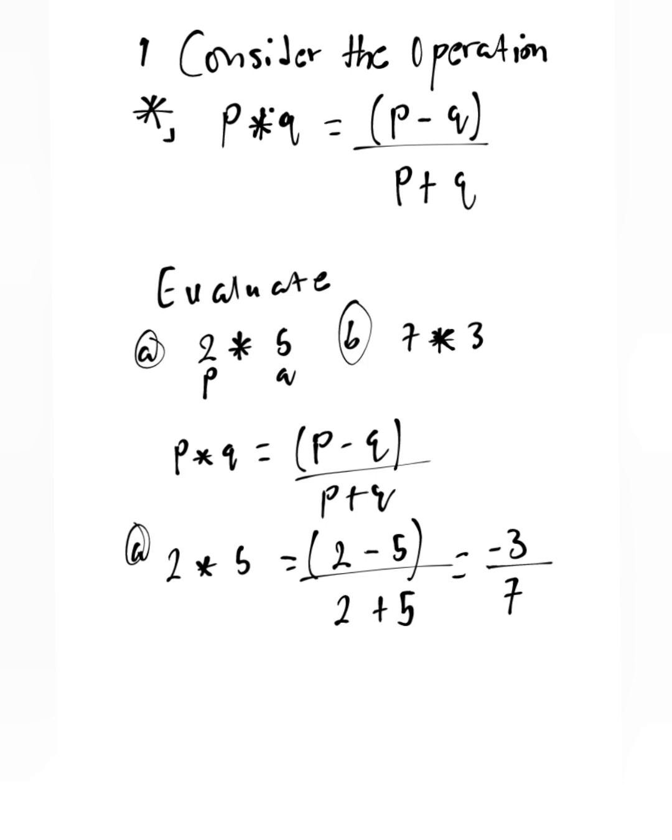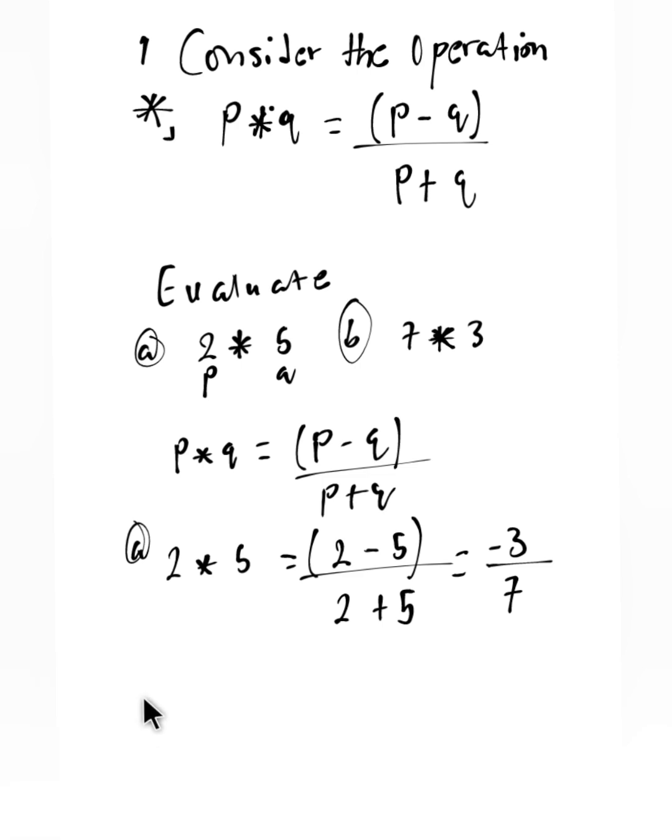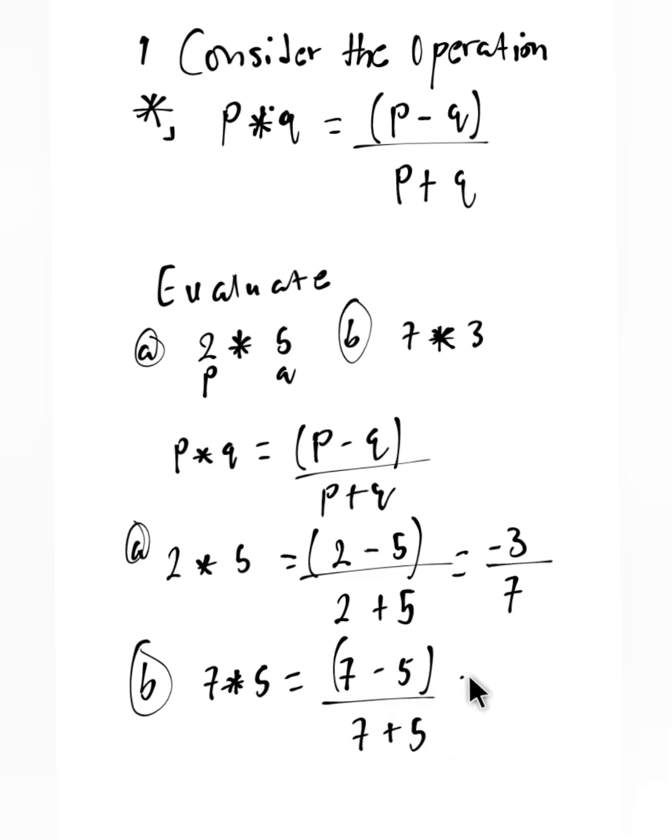So minus 3 over 7 is the answer. Now let's solve the other one, which is B. 7 star 5 becomes 7 minus 5 all over 7 plus 5. And this gives us 2 all over 12, which is the same thing as 1 over 6. And this becomes the answer. So this given operation is defined like this. Now when we operate it together, we have a unique third number.